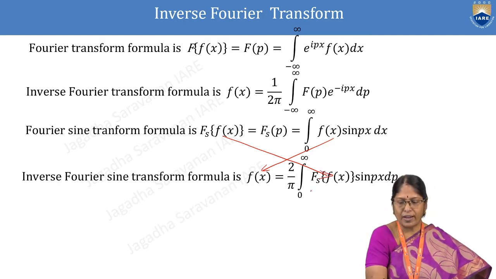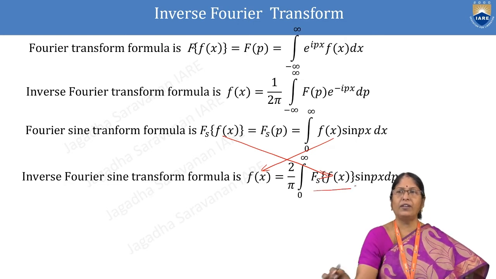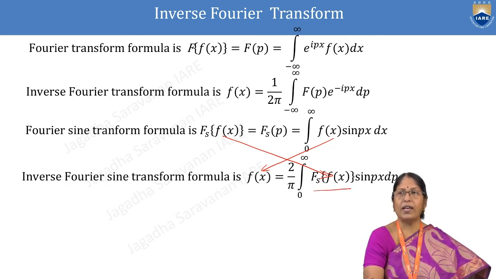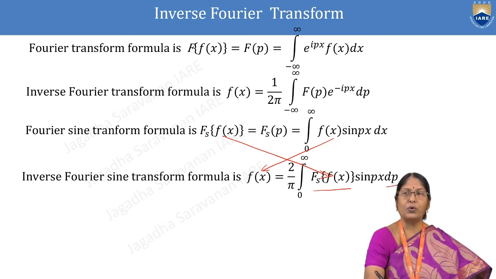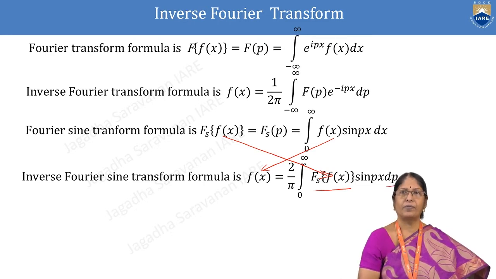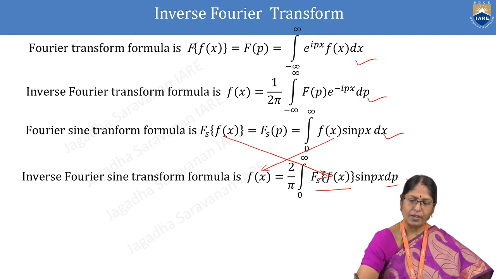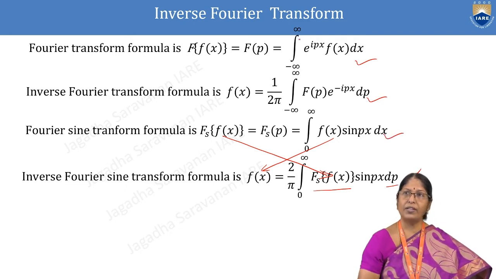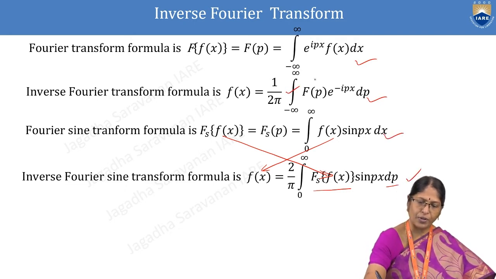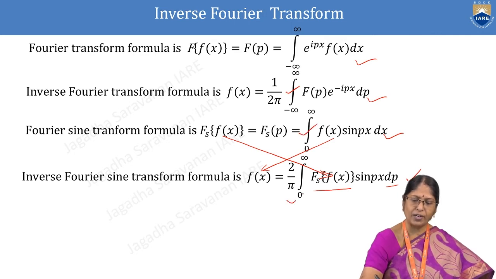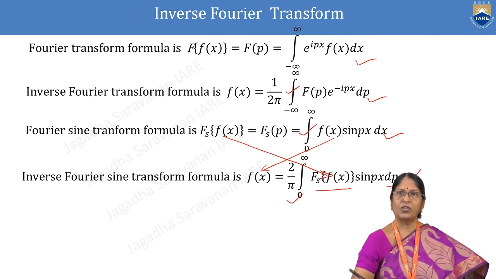The Fourier sine transform of the function is multiplied by sine px, and we do the integral with respect to p from 0 to infinity. In these formulas, note that the limits are minus infinity to infinity, or 0 to infinity. So these are all infinite.